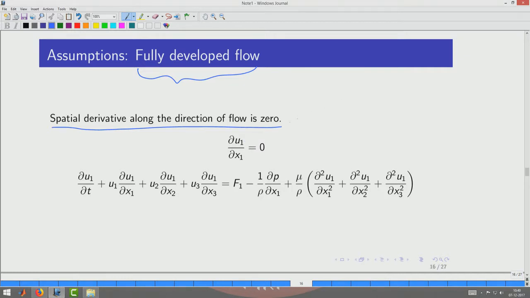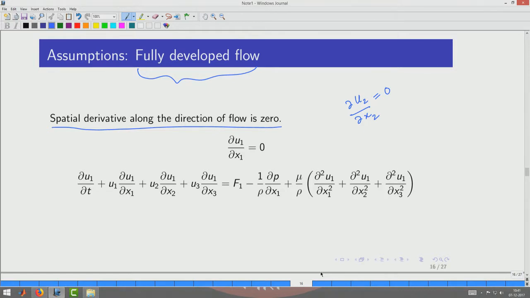So, whichever component you take, for example, if you take u2 as a component, that is along the x2 direction. So, if you say that dou u2 by dou x2 is 0, it means that the velocity is fully developed along the x2 direction. This does not mean that there is no variation with respect to other spatial variables like x1 and x3. So, it can still be there. It is just that along the flow does not accelerate or decelerate, it has already achieved a particular value and stays put.